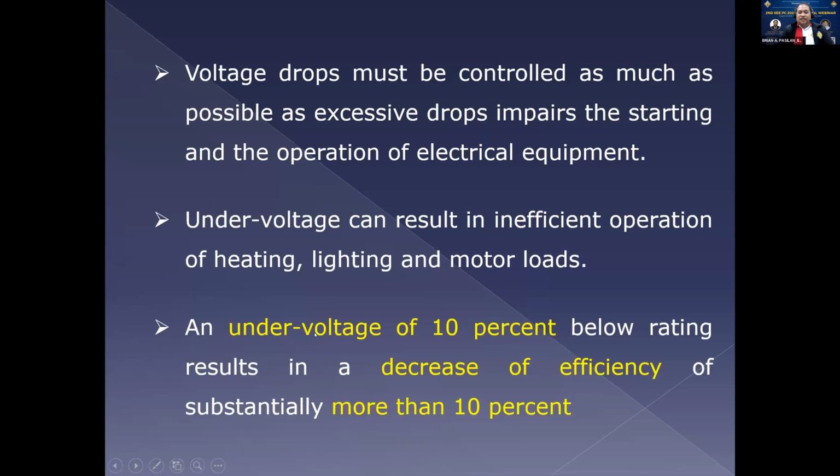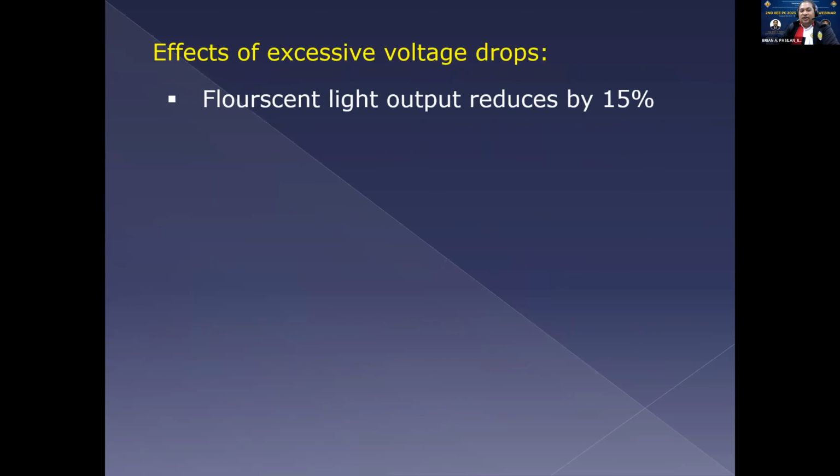So, a study states that an under voltage of 10% below rating results in a decrease of efficiency of substantially more than 10%. So, losses na yan, no? So, dapat talaga i-address natin si voltage drop. Kaya nga, we have prescribed limits dyan sa code. So, other effects, no? Kung sa mga fluorescent light output, it will reduce by 15%.